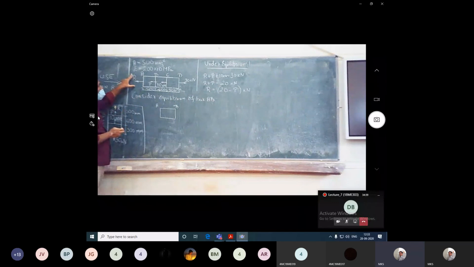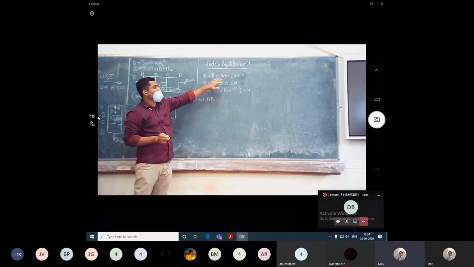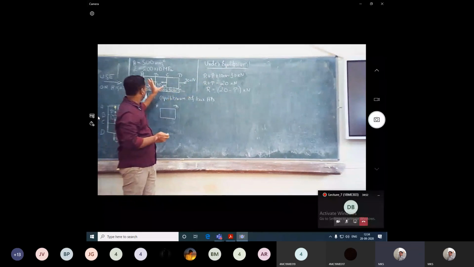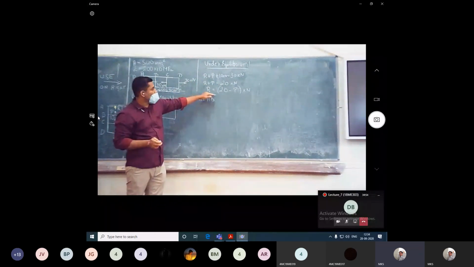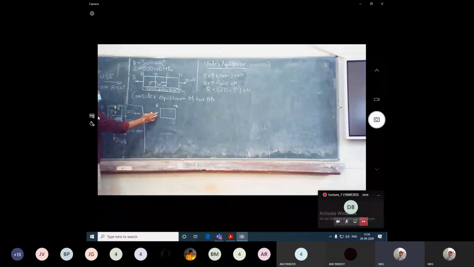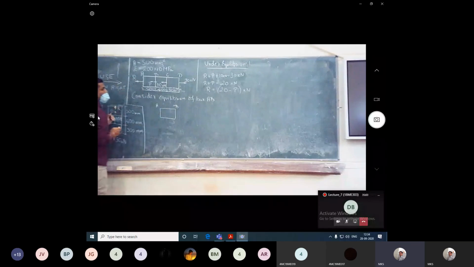If there are two unknowns, I can't tell what R is and what P is. So we got R in terms of P by considering the equilibrium condition, that the sum of all the forces should be equal to 0. So R is equal to 20 minus P. Now you consider the equilibrium diagram for individual section AB.